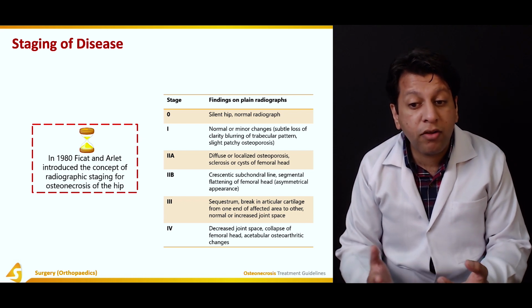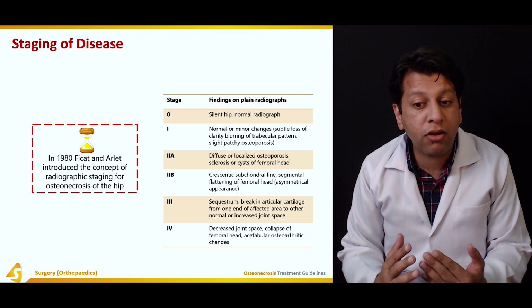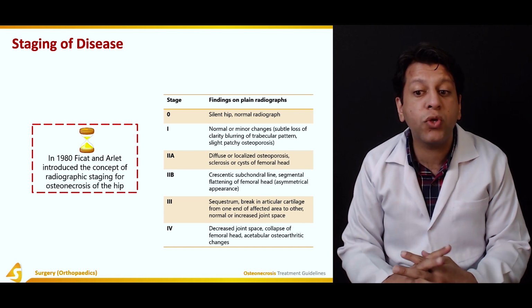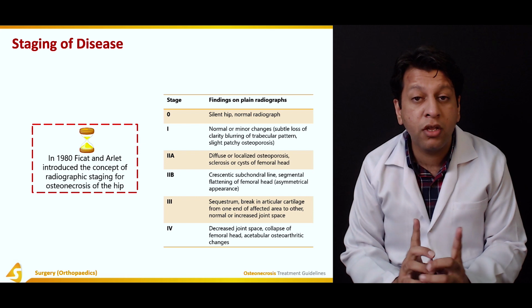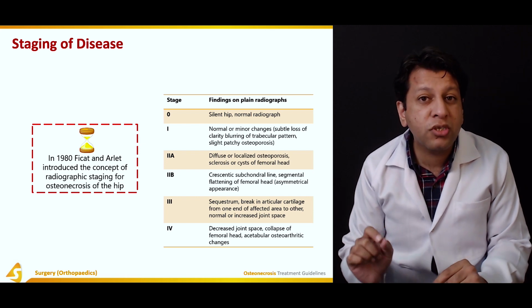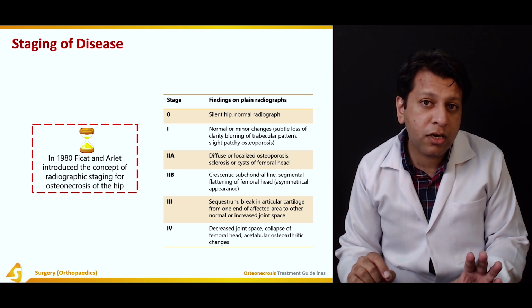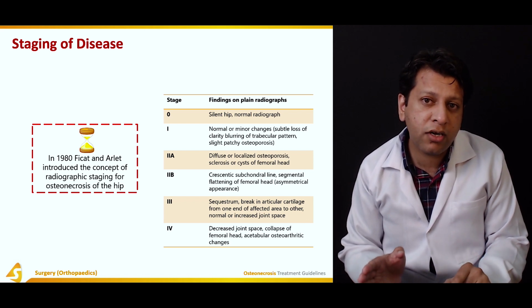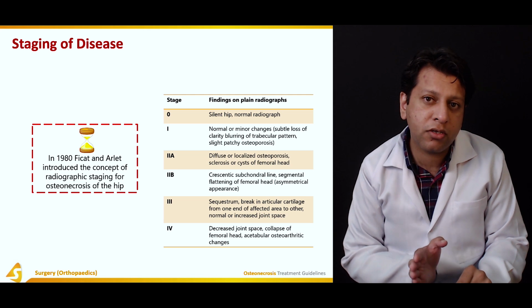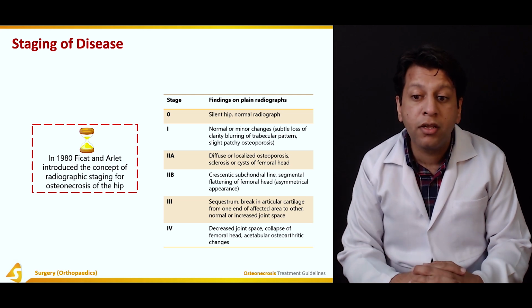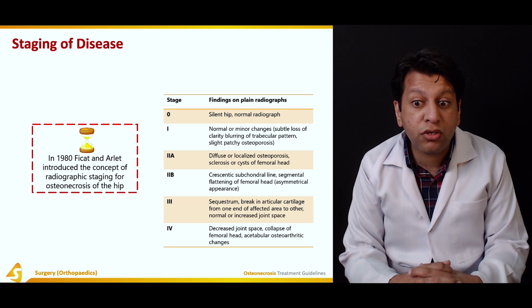Now stage 2A, according to Ficat, is where there is a diffuse or localized osteoporosis. The important thing to remember is, although this is radiographic staging, the clinical presentation would get severe as the radiographic severity increases. At 2A, there is diffuse or localized osteoporosis.